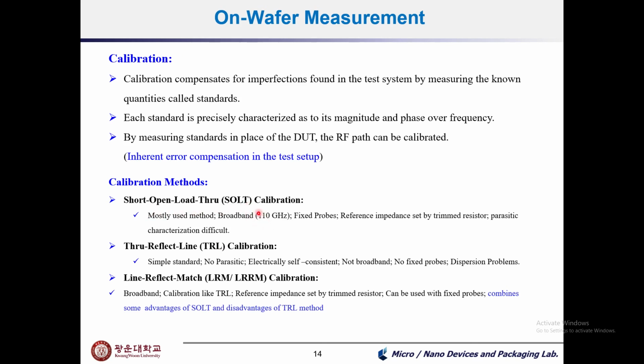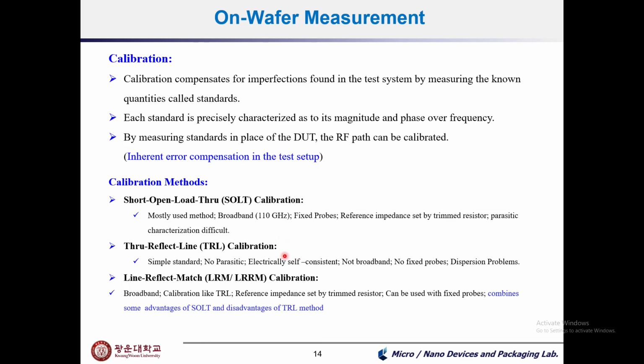This is a broadband calibration method, which can be used up to a frequency of 110 gigahertz, and it is a widely used method. In this case, the probes are fixed, and the reference impedance is set by the trimmed resistor. In this case, the parasitic characterization is a little bit difficult.